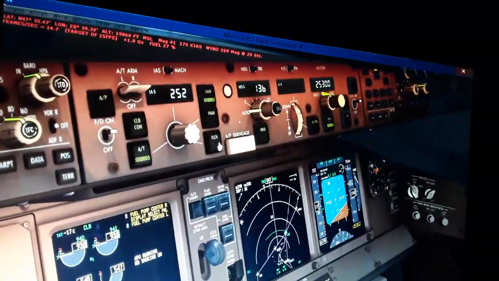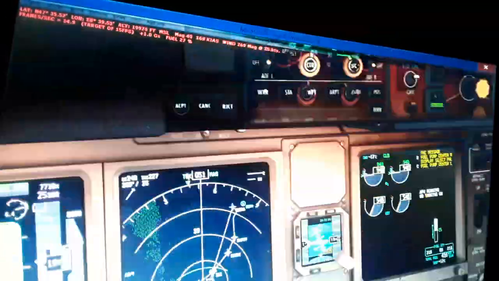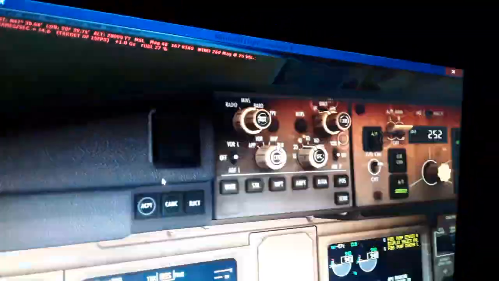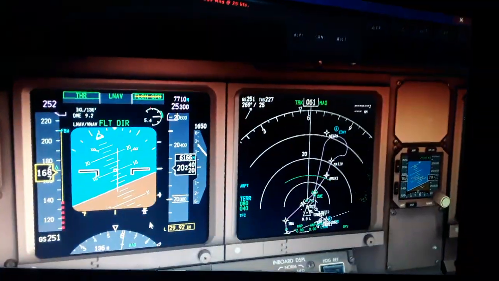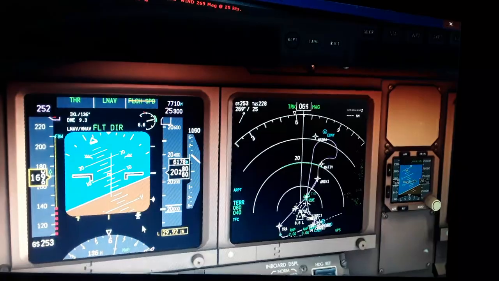You can use other flight level change. And we press this switch, it will give us the airspeed commanded mode.